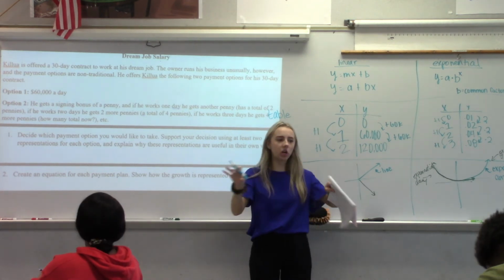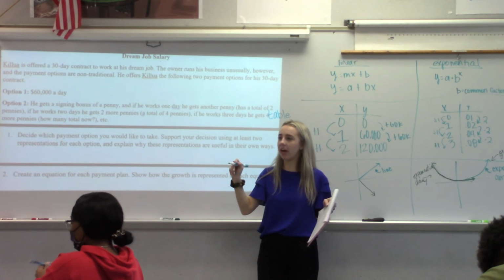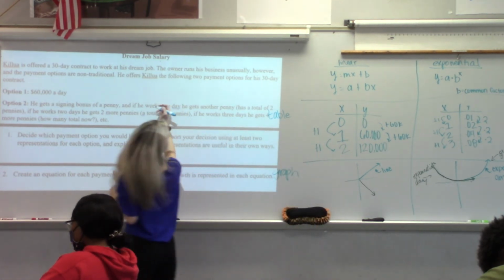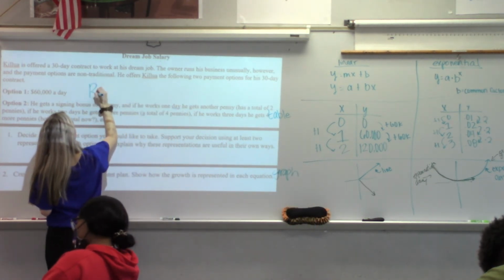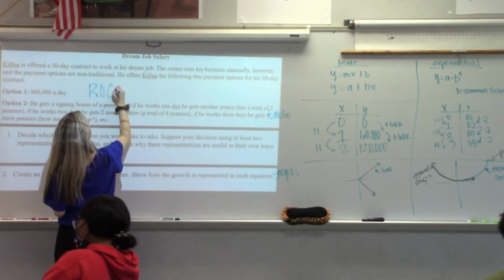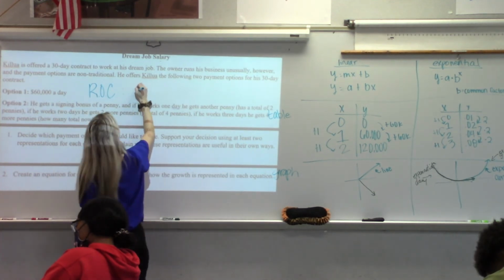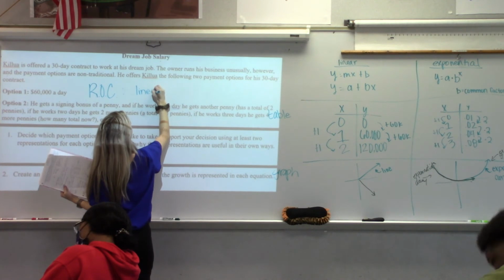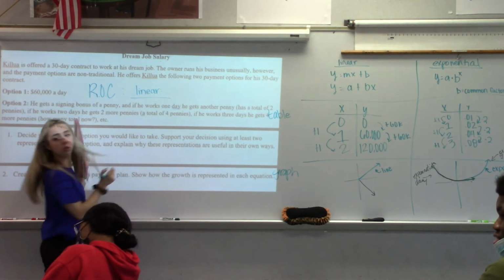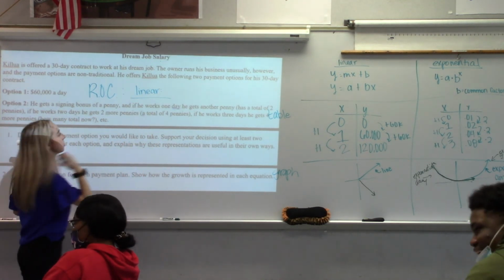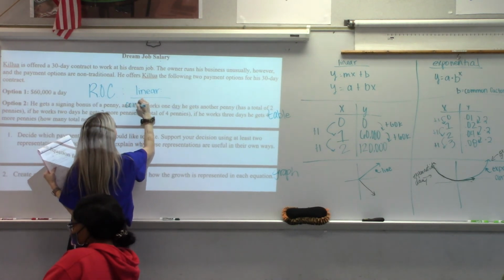One more section I want y'all to add to your notes is the rate of change. So I'm just gonna write it over here. I'm gonna put rate of change. For linear functions, we have a what kind of rate of change? Constant. Okay, constant add.